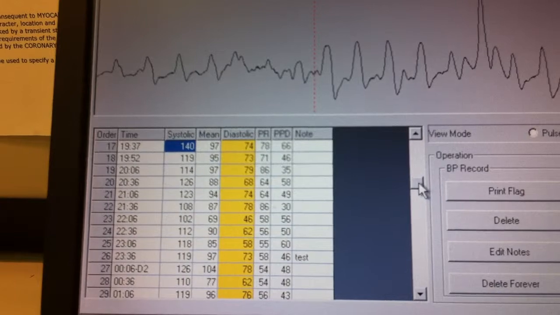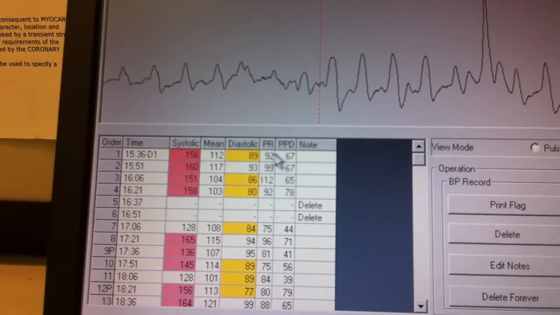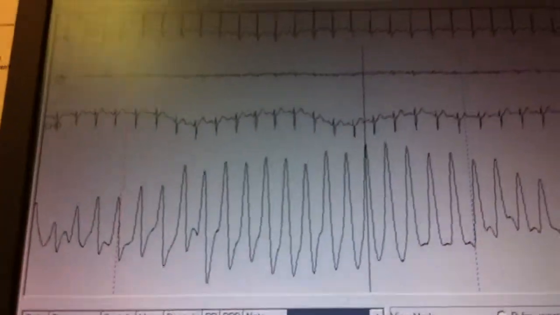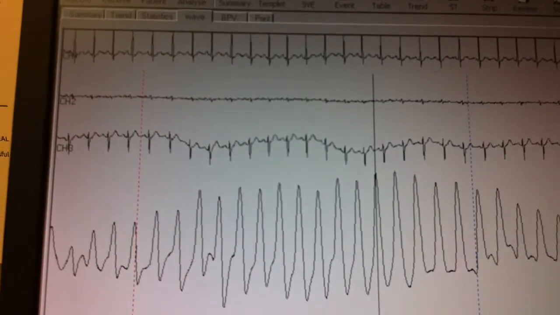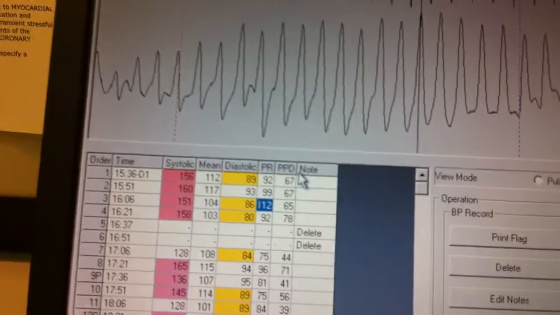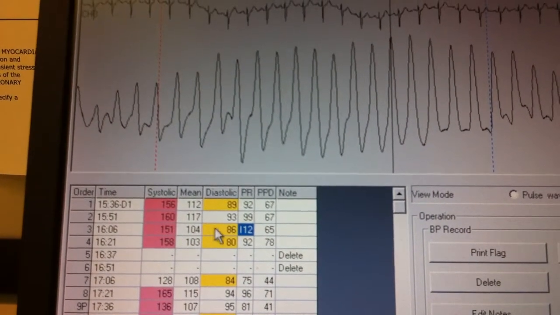You can scroll up and see if there's a high heart rate, like here 112. You can see what was going on with the ECG and how that affected the patient's blood pressure. Here we can see that the patient was hypertensive at the time.